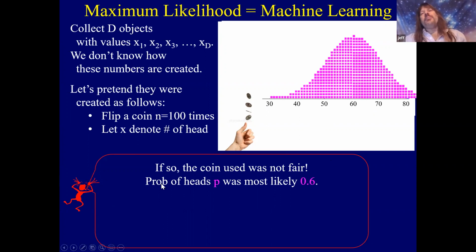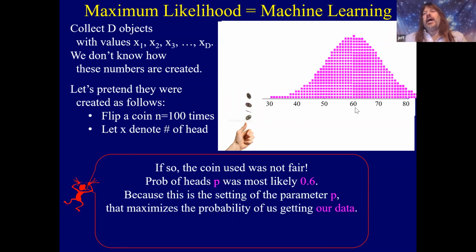He said, if you got this data from flipping coins, it's probably because the probability of heads in your coin was not 50-50, but 0.6 is the probability of getting a head. That's what he's speculating. And why did he choose 0.6? You can kind of eyeball it yourself, but the way he did it is he used this equation here.